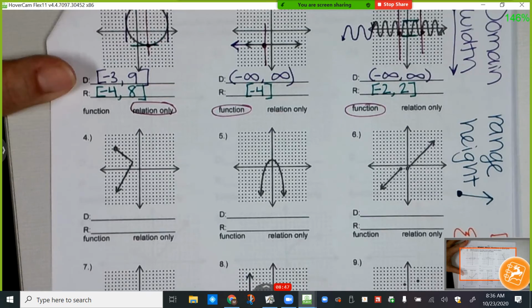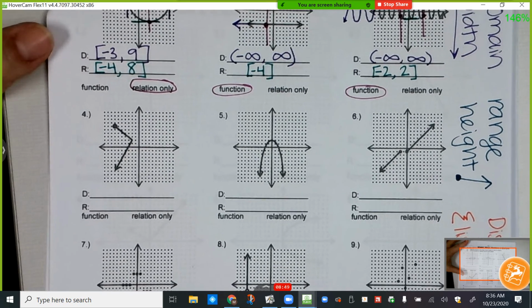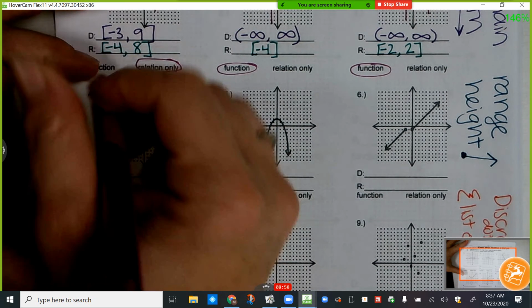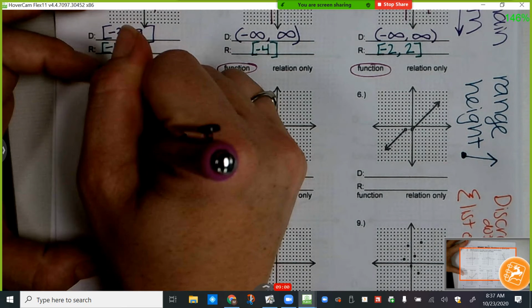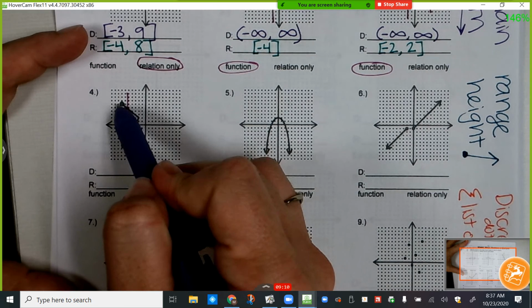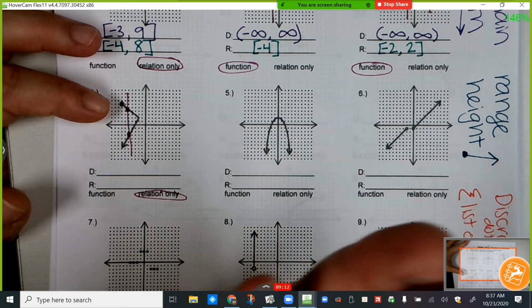Okay, so let's look at number 4. So first off, is this a function or a relation only? Relation only. Okay, because if I drew a line here, it touches more than once. So it is not a function. So let's think about domain, side to side. Now, this has an arrow down here. This has a solid dot, so that's not going to move, right?